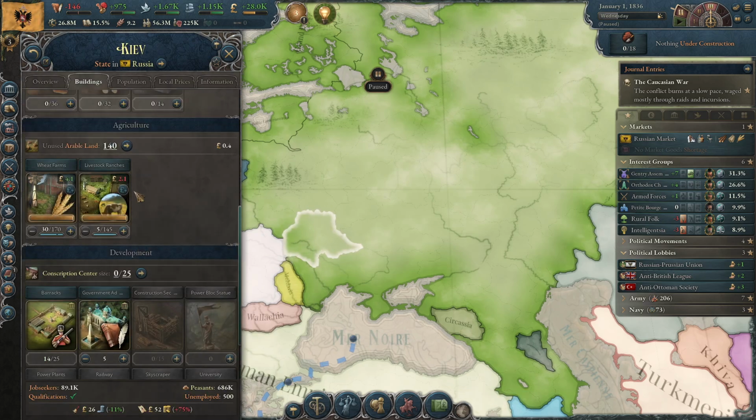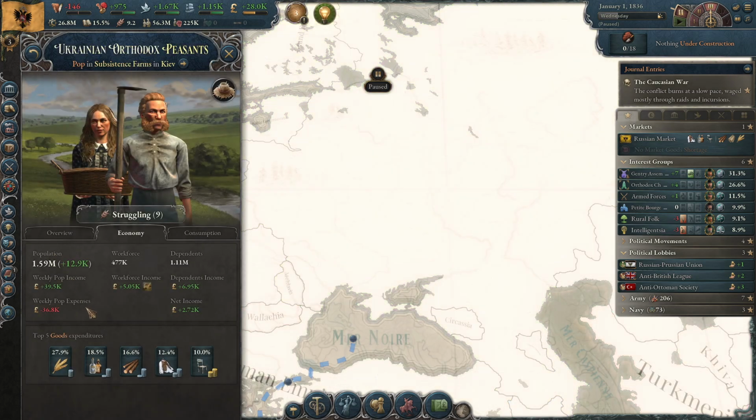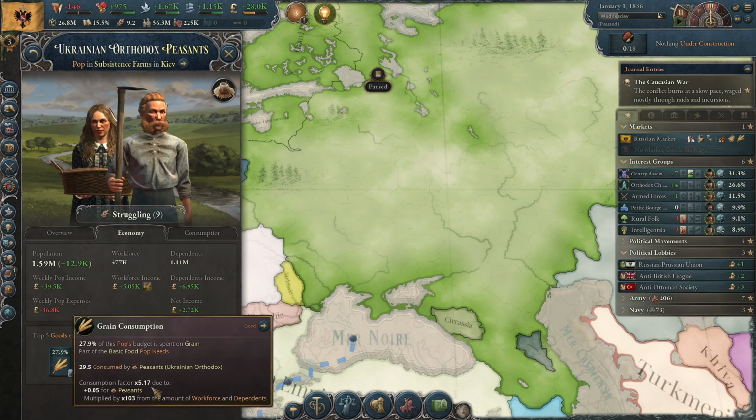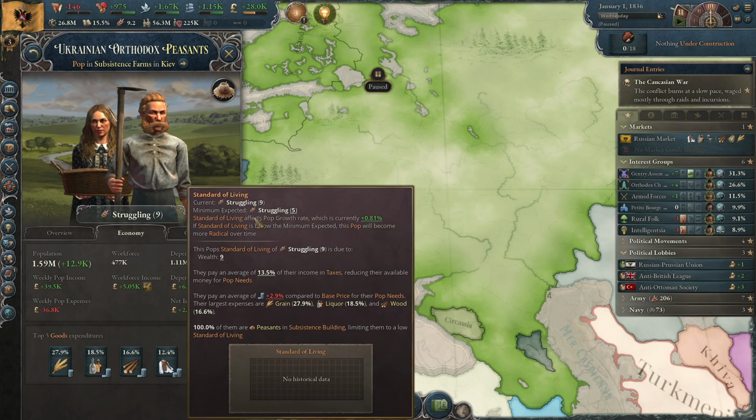But if we go back to those peasants who are in the same state, who are only 1 standard of living lower, their consumption factor is actually worse despite the fact they're 4 times as large with the same workforce ratio. So this is why peasants are the worst for your economy. They are economically inactive. The only good thing about peasants is that they don't starve to death while working on subsistence farms. So they at least stay above minimum expected standard of living.